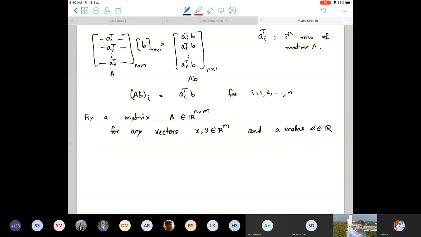So x and y are vectors in R n, so x plus y also is a vector in R n. R n is a vector space after all. So I can do this vector operation.